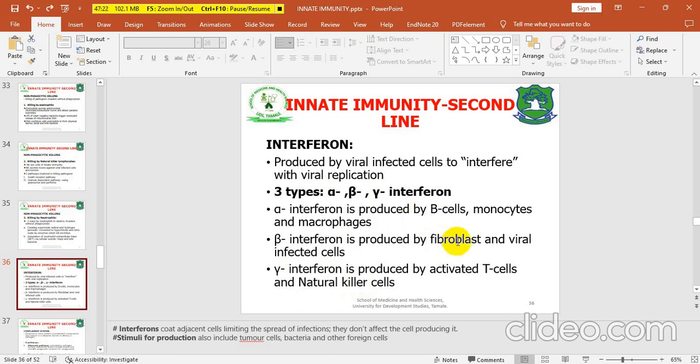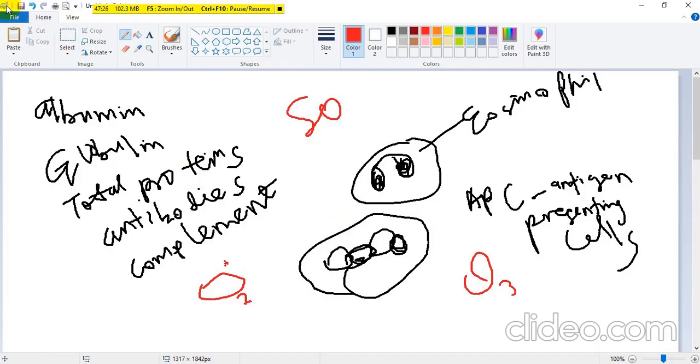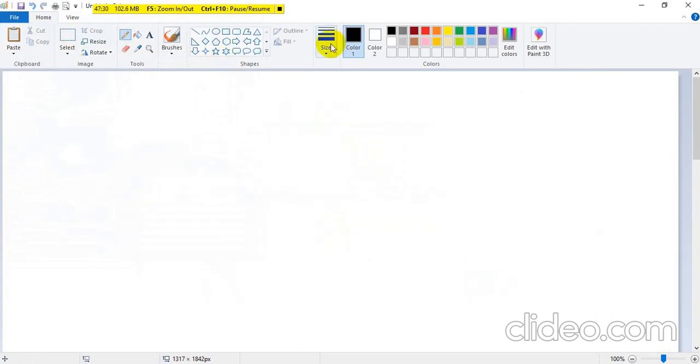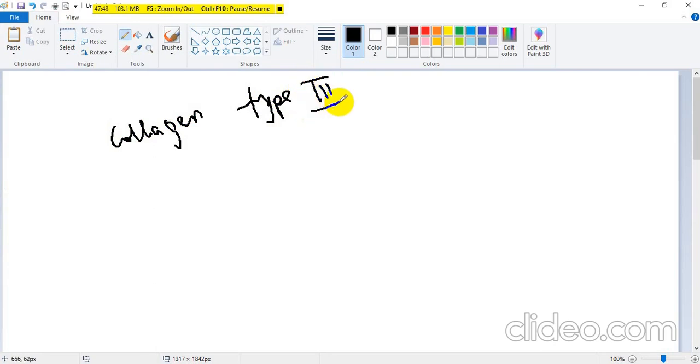So whenever you hear fibroblast, it is for what? Wound healing. It comprises type 3 collagen, collagen type 3, which mediates wound healing.